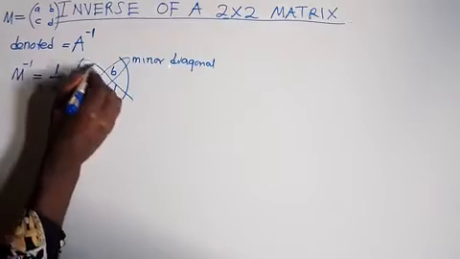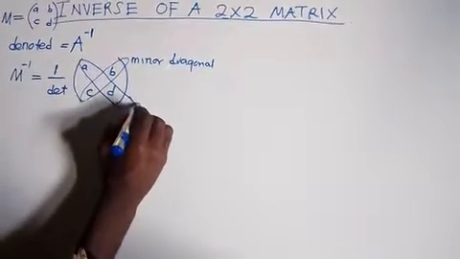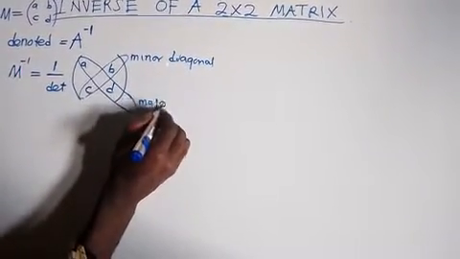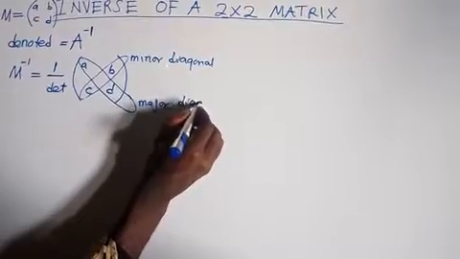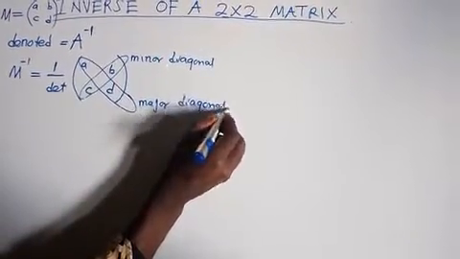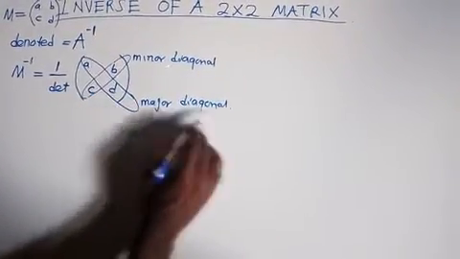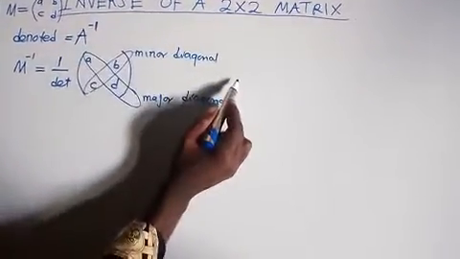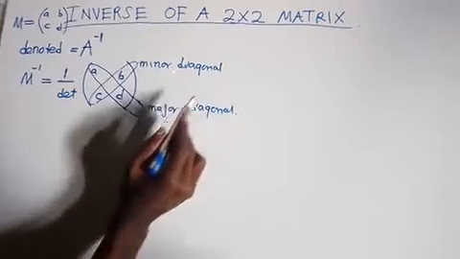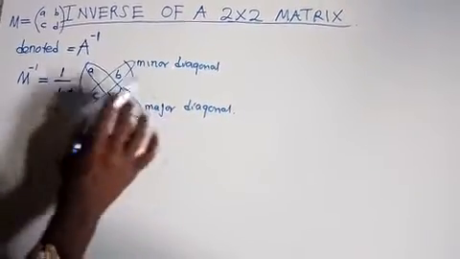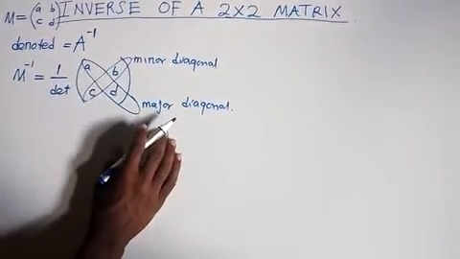Then numbers arranged in this way, this is called the major diagonal. I explained this when I was just starting. So we've got two diagonals, the major diagonal and the minor diagonal.